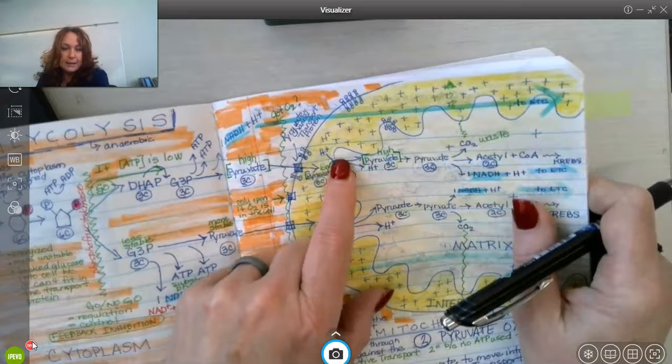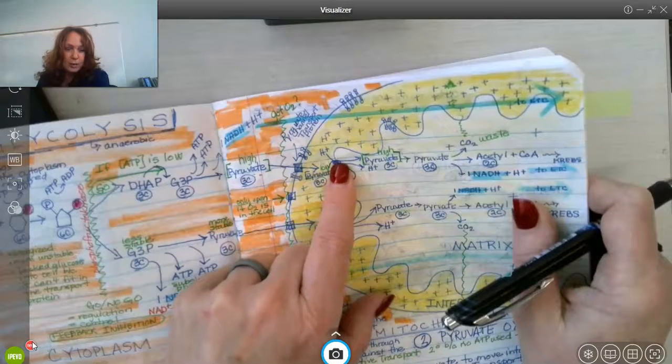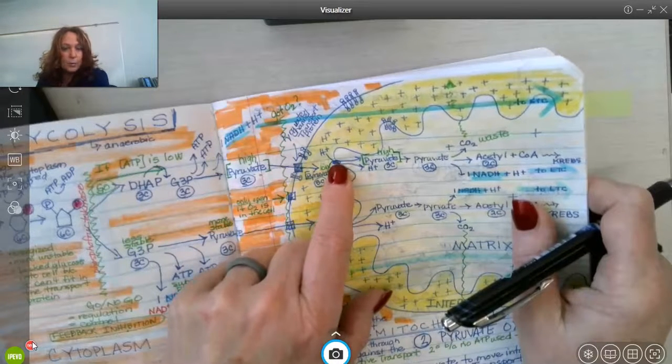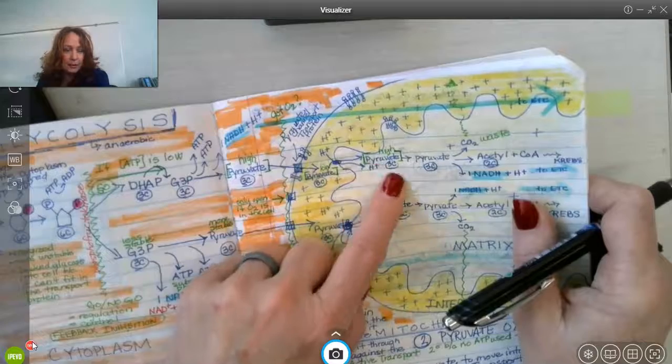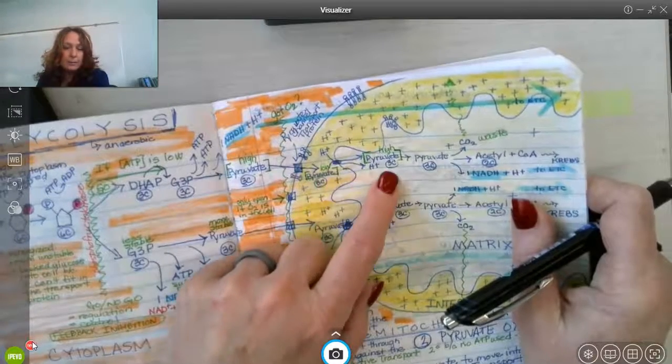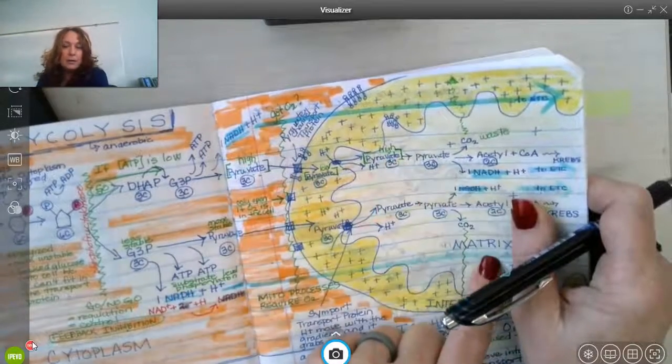So yes, this is active transport, but it's secondary active transport because you don't use ATP, you use a gradient. So pyruvate is then moved against its gradient into the matrix.